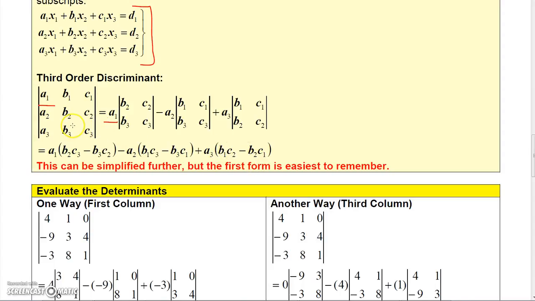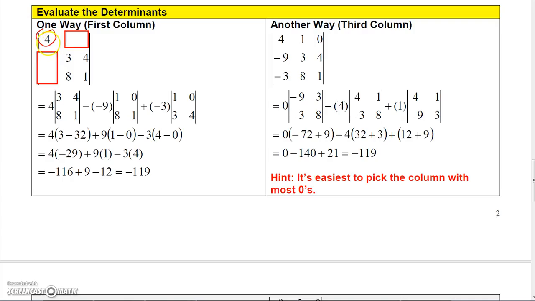I'm going to actually show you a quicker way to calculate this determinant, or an easier way to calculate this determinant in the next example. So let me just go ahead and get that set up for you. Okay, you may have noticed this, but if you didn't, basically the first step is to take this top entry in the first column, 4, and multiply it by a 2 by 2 determinant.